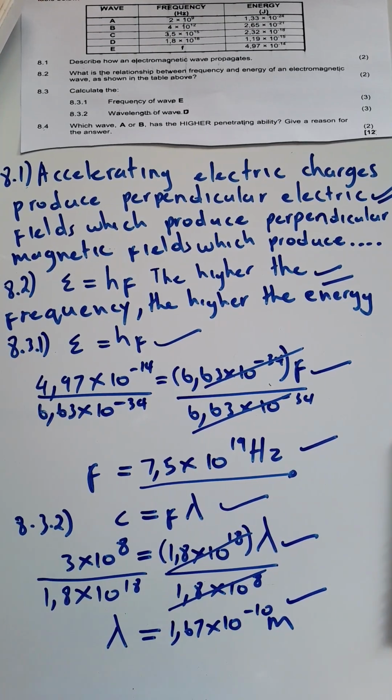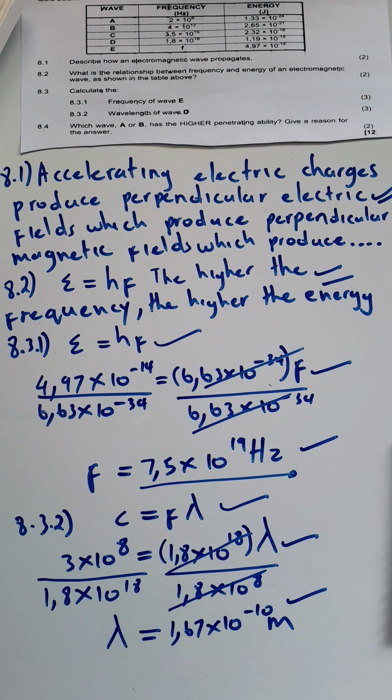8.4 says, which wave, A or B, has the higher penetrating ability? Penetrating ability goes with energy. The answer is B, because it has the higher energy.